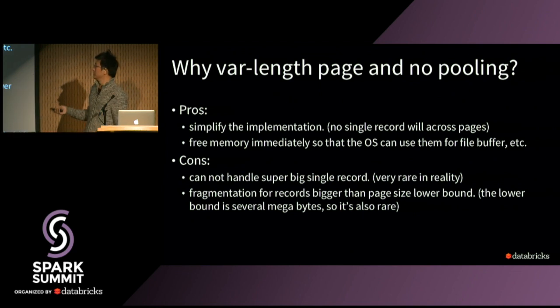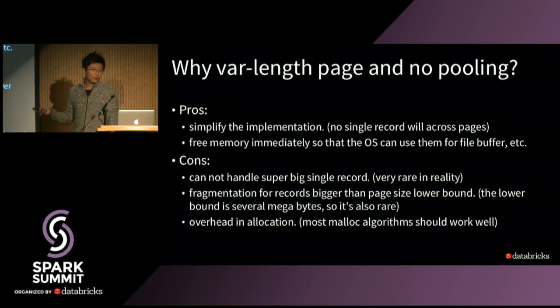This problem is actually not very serious in Spark, because, remember, we have a lower bound for the page size, and this lower bound is also very big. It's about several megabytes. So in most cases, one record will not hit this lower bound and can acquire a fixed size page of several megabytes. It means that inside Spark, when Spark processes data, mostly it will allocate fixed size pages, like other systems.